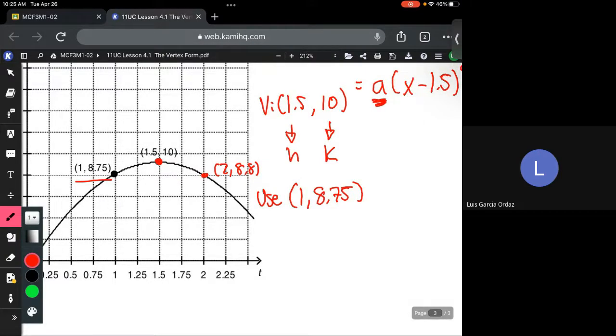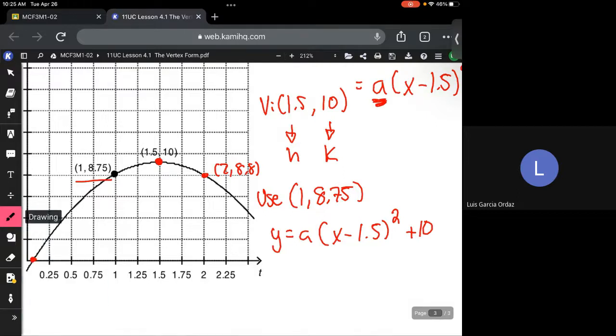So far I have y is equal to a times x minus 1.5 squared plus 10. So how am I going to use 1 and 8.75 to figure out my a value? Olivia? Yep. Perfect. So I get 8.75 is equal to a times 1 minus 1.5 squared plus 10.